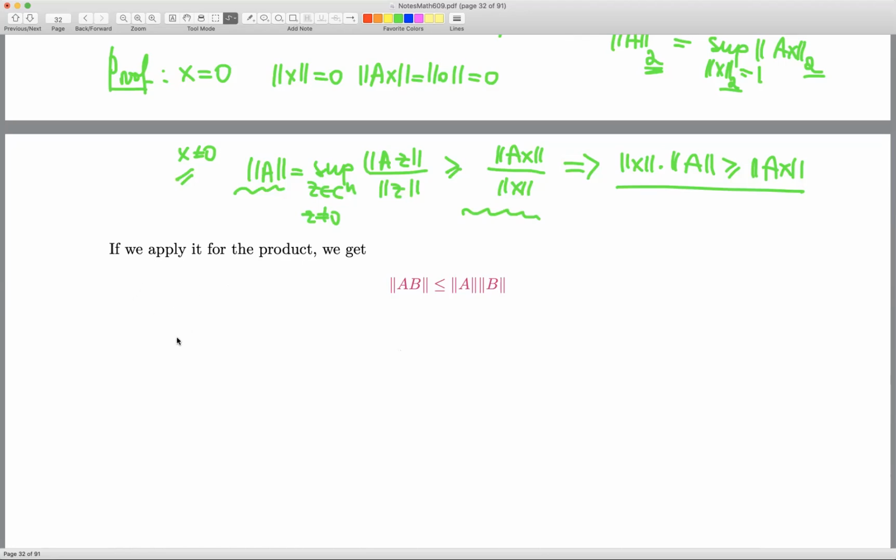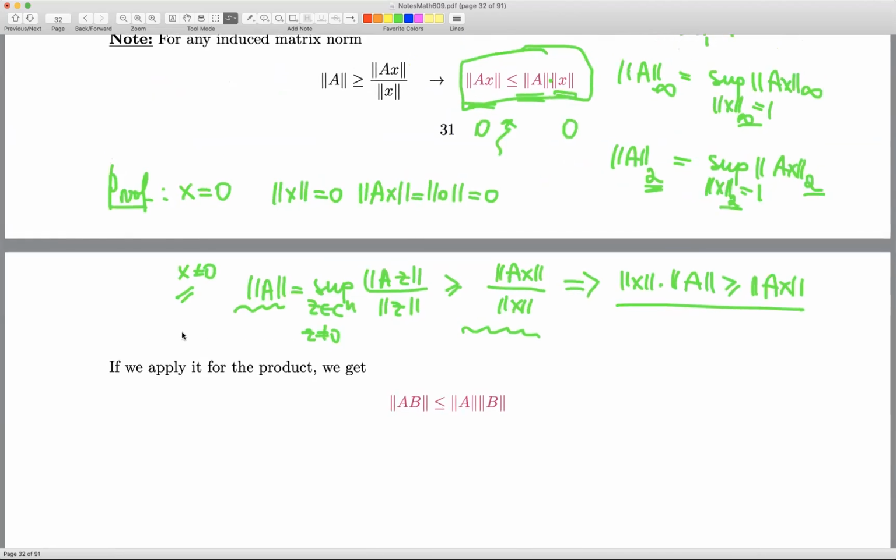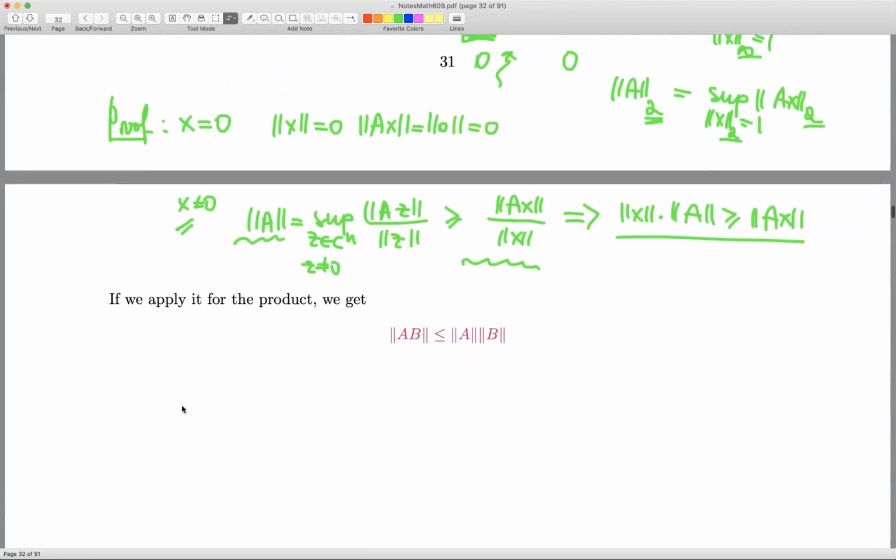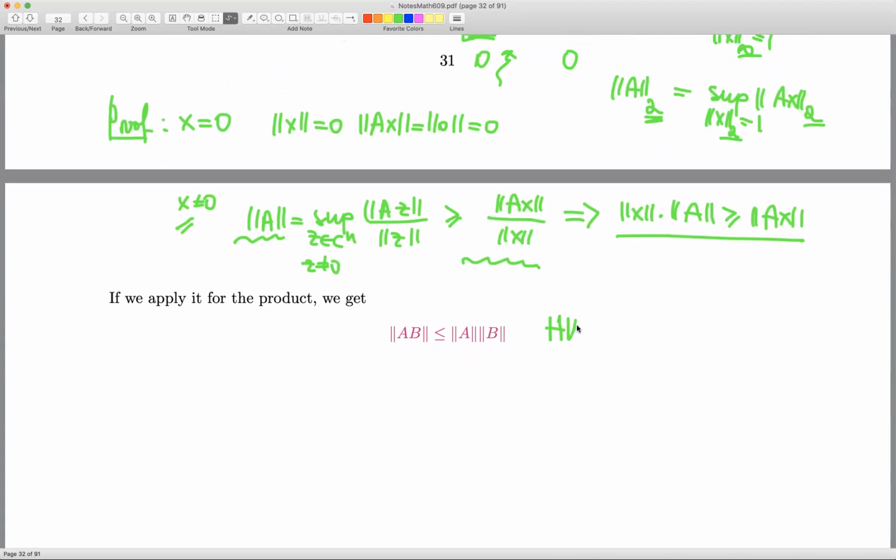This follows directly again from the definition. We can prove it, but it will be one of your homework problems.